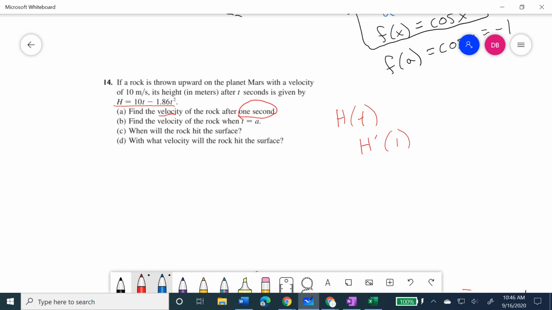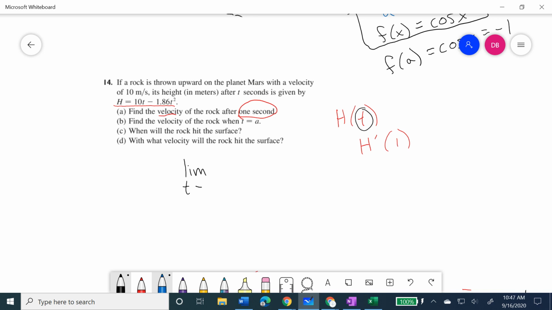They didn't say which definition of derivative to use. So I'm going to go ahead and just use definition 1. And I'm going to use variable t because h is using variable t.